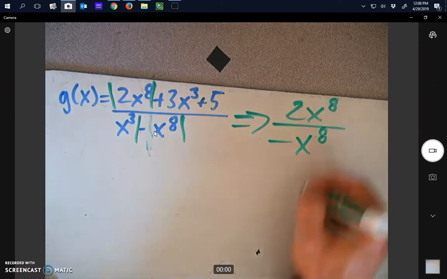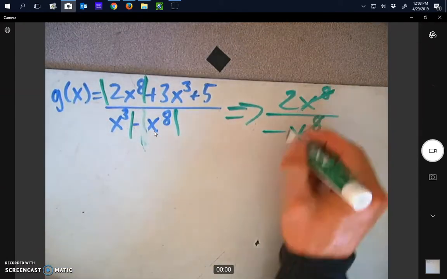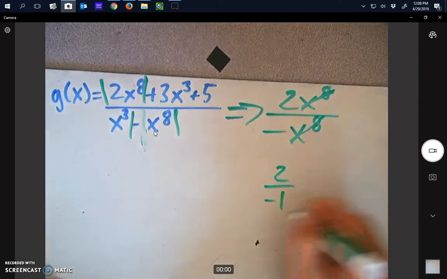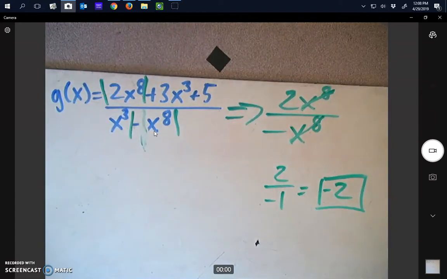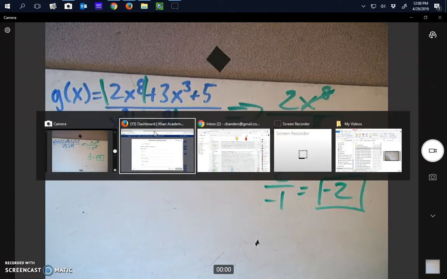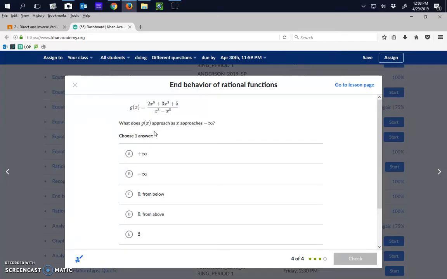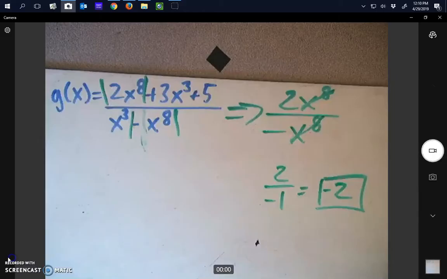So we simplify, and we end up with these canceling out. We have 2 over -1, which is equal to -2. So we got a horizontal asymptote of -2.